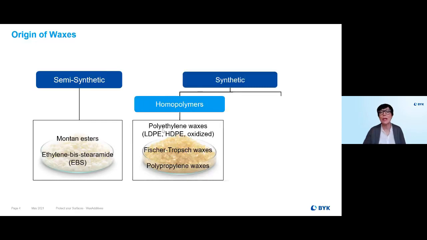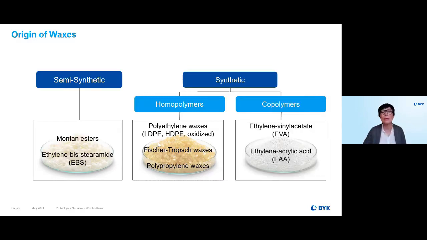Talking about the synthetic waxes, these are of course the ones which are mainly used in the industry. That's polyethylene wax, low density and high density polyethylene, which will be oxidized just to change the polarity, so that it's easier to emulsify the products. We have the Fischer-Tropsch waxes, named after the reaction of Mr. Fischer and Mr. Tropsch, and the polypropylene waxes.